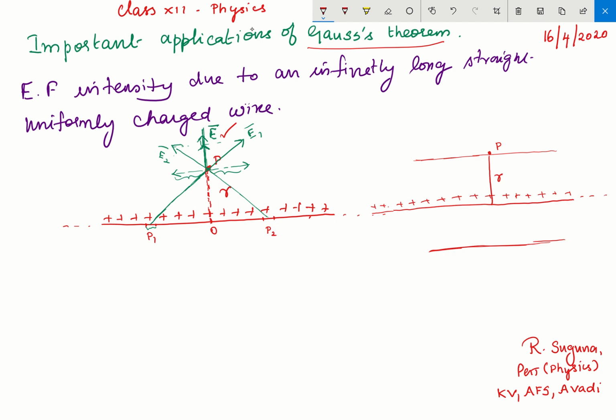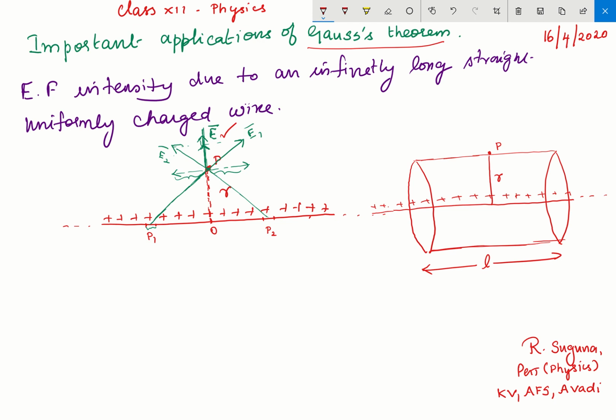Let me take a cylinder of length L. This is my Gaussian surface. Now I have to apply Gauss theorem, but I cannot apply it to the whole cylinder all together.